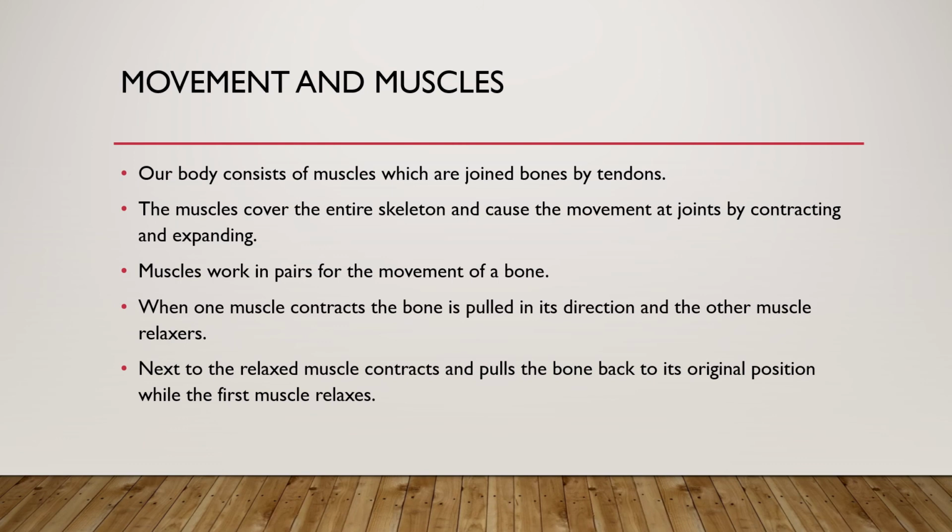The place where two bones are joined together is joined with the help of ligaments. The muscles cover the entire skeleton and cause movement by contracting and relaxing. So there are two terms associated with it, where the muscle will show movement by contraction and relaxation. How come? We'll see.